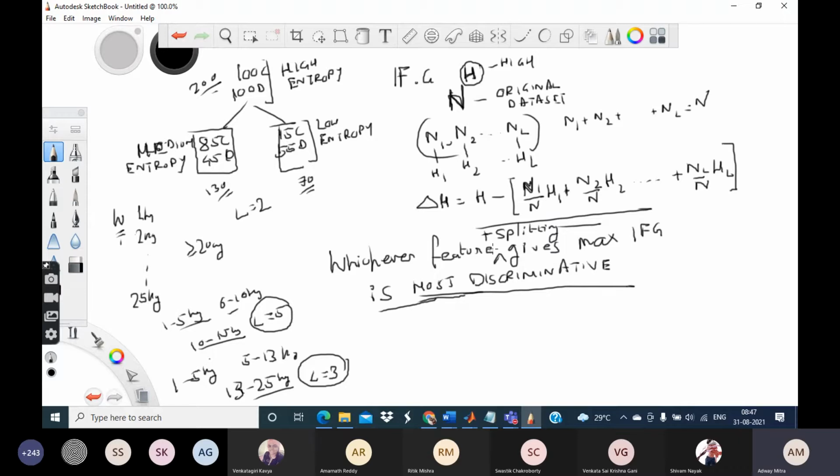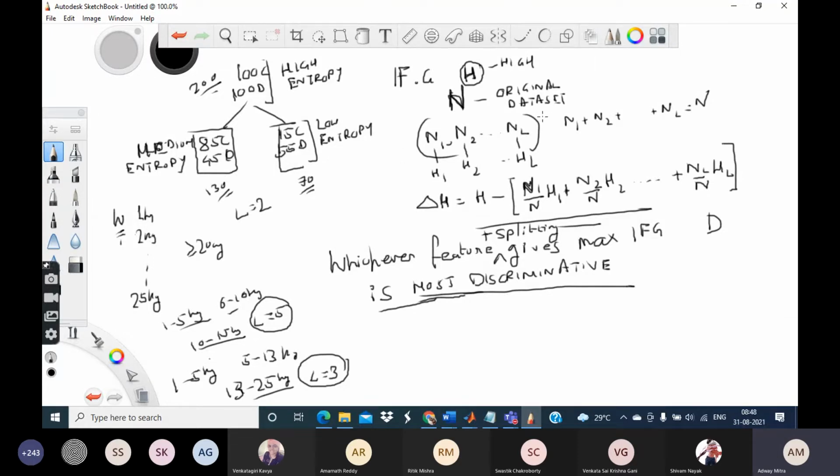Of course the number of features can be quite high. There are capital D features, and each feature can be split in a significantly large number of ways. As you can see in this case itself, there are 25 values, so there are many different ways in which I can split this feature.